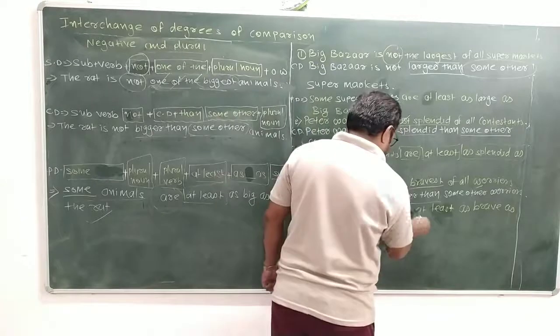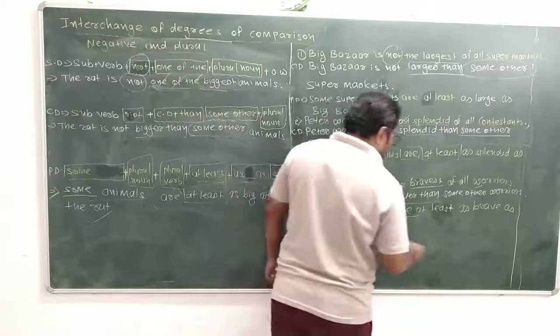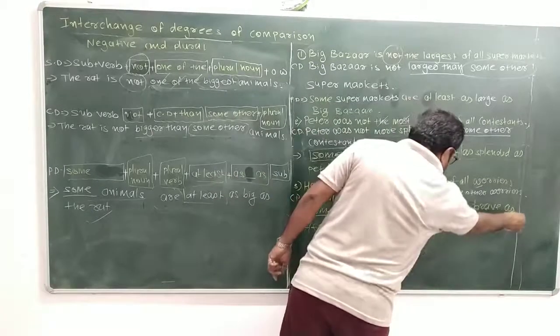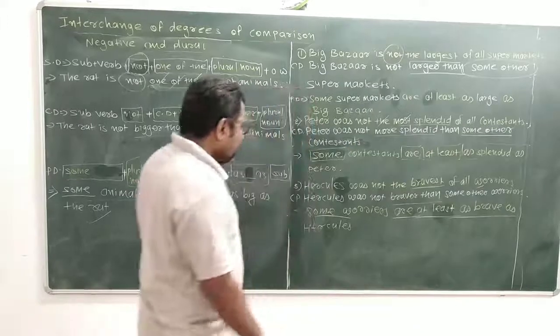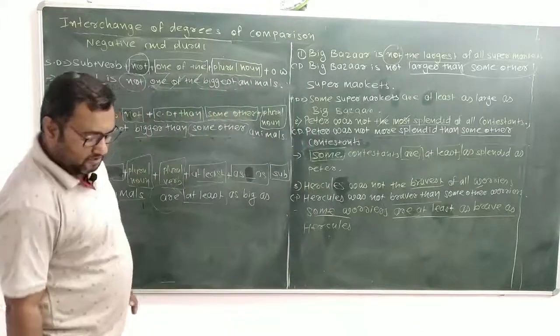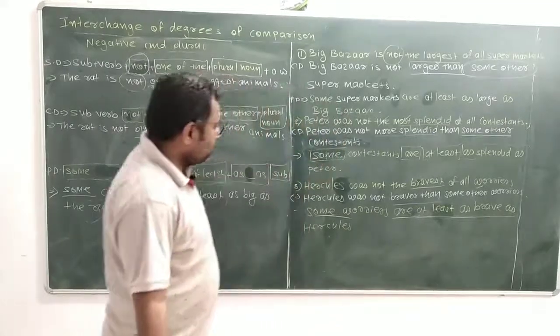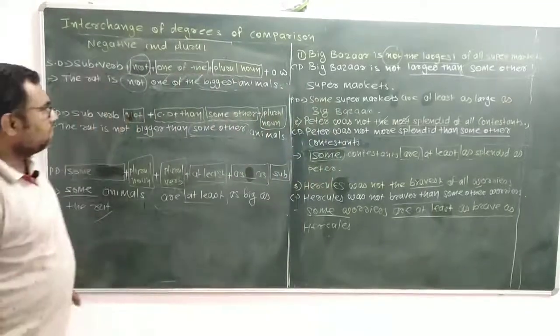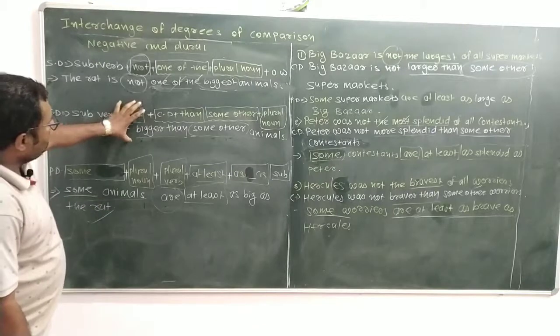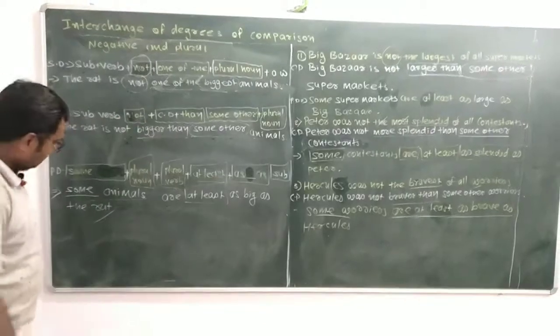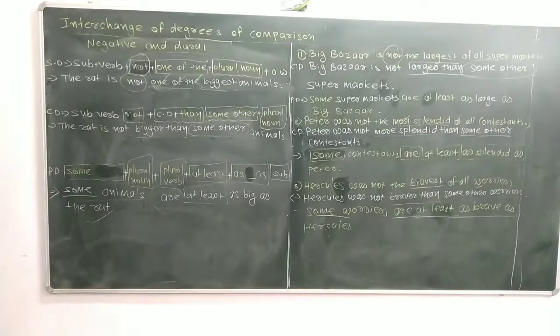So we add here some other warriors at least as brave as Hercules. The structure is different here for a negative sentence, so please remember the structure. Now you can write in your notebook.